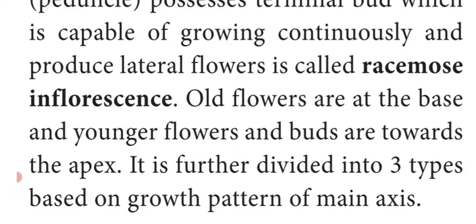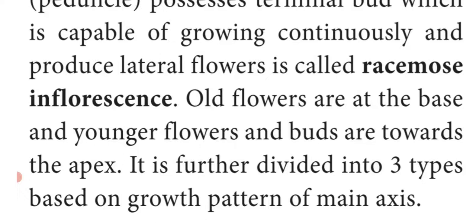Dear students, a short note on racemose inflorescence is an important 3-mark question. The central axis of the inflorescence, known as peduncle, possesses a terminal bud which grows continuously and produces lateral flowers. It is known as, what is that one? Racemose inflorescence. Old flowers are at the base and the young flowers are towards the apex or tip.